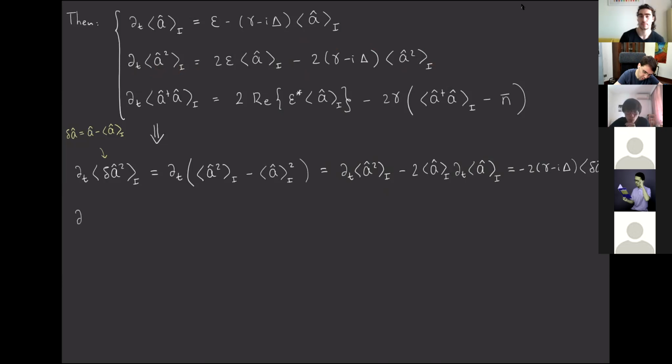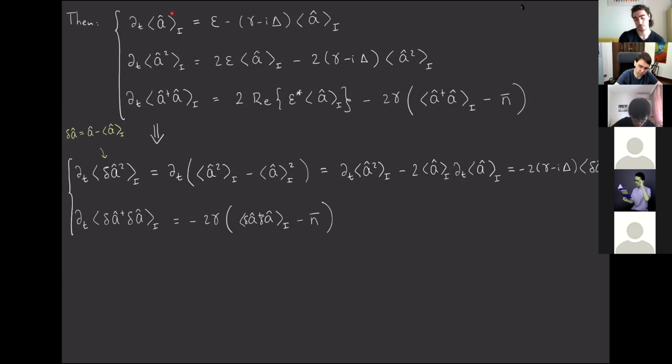You can do the same for the time evolution of delta A dagger delta A instead of just A dagger A. And with no surprise, you get exactly this part in here: minus 2 gamma that multiplies delta A dagger delta A minus N. So now you see that we have 3 very simple equations to solve.